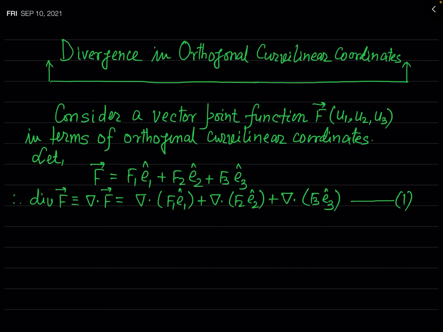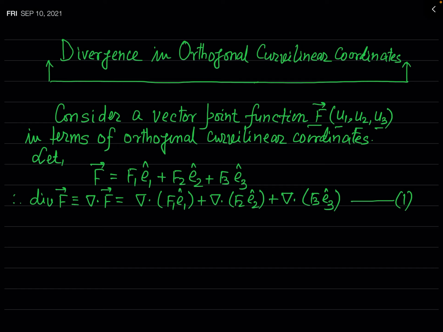or you may say a vector point field f. And this vector field f is a function of the orthogonal curvilinear coordinates. These orthogonal curvilinear coordinates are denoted by the symbols u1, u2 and u3. So you may say this vector field f is a function of u1, u2 and u3.